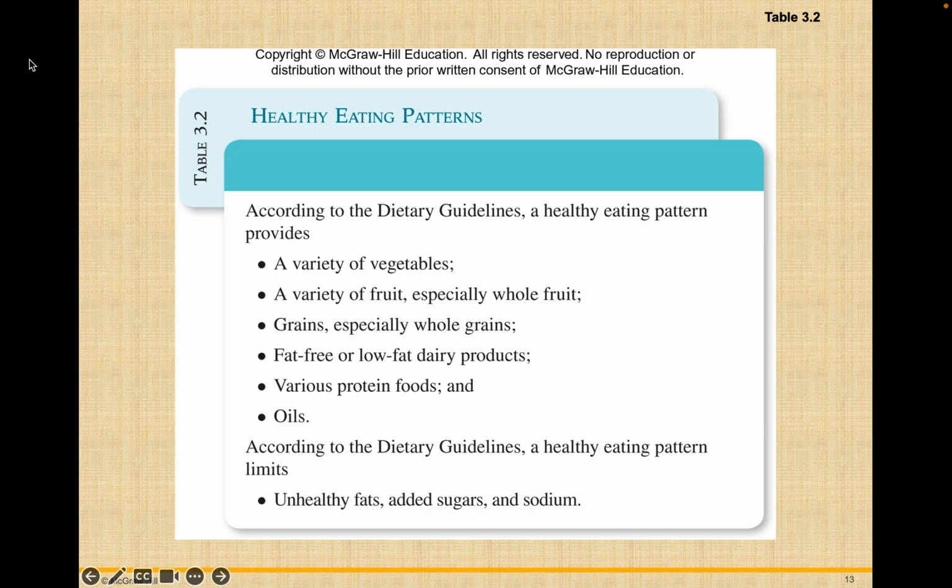The dietary guidelines recommend that our usual eating patterns or dietary intake include a variety of vegetables and fruits, whole grains, low-fat dairy products, a variety of protein-containing foods, and healthy fat choices. Overall, we should limit sources of animal fats, added sugars, and sodium.